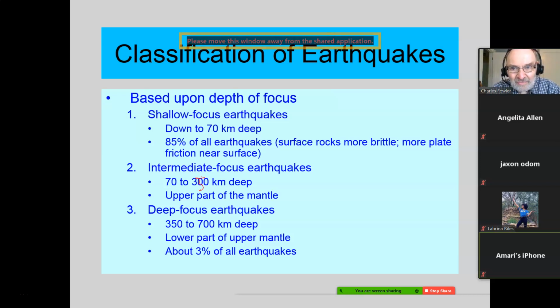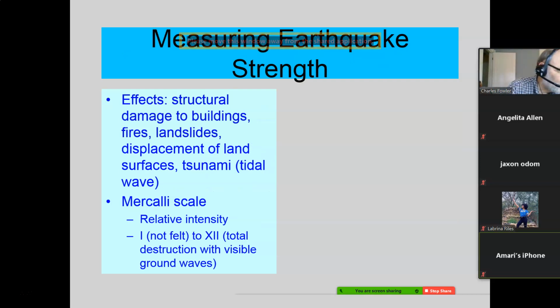All right, so let's move on to measuring earthquake strength. This is on page 491, just like those examples were. Okay, measuring earthquake strength. Now, they've had several systems over the years. Early on, they measured earthquake strength by how much damage they did.